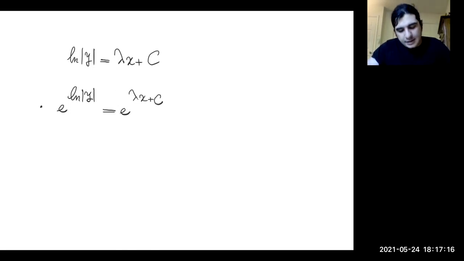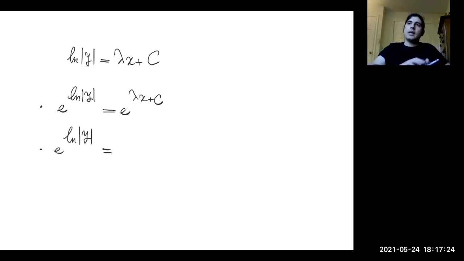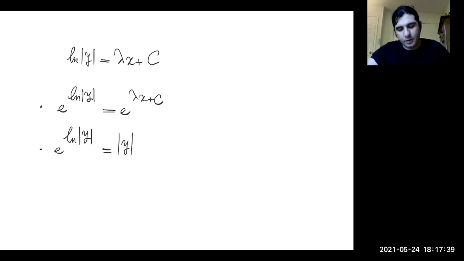Now, what is the left-hand side? What is e to the ln of absolute value of y? Well, the exponential map and the ln are inverse to each other. So the result would be just the absolute value of y. They cancel each other, okay? But that's the left-hand side.